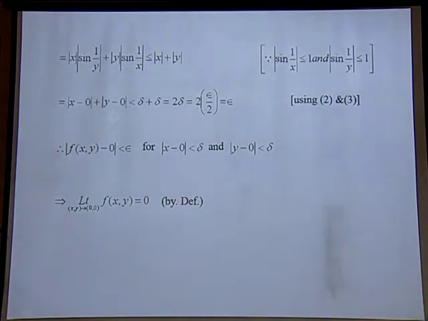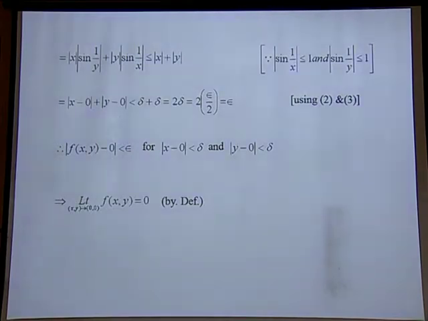We get this is less than delta plus delta, because modulus of x minus 0 is less than delta and modulus of y minus 0 is less than delta, which is equal to 2 delta, which is equal to 2 into epsilon by 2, because we have already assumed that delta is equal to epsilon by 2, which is equal to epsilon.